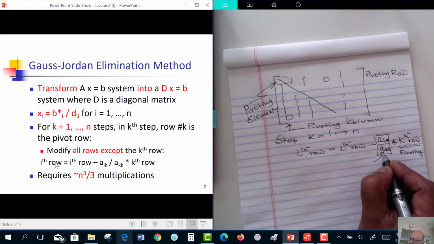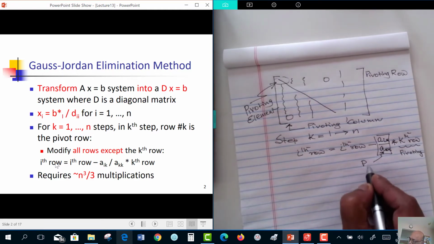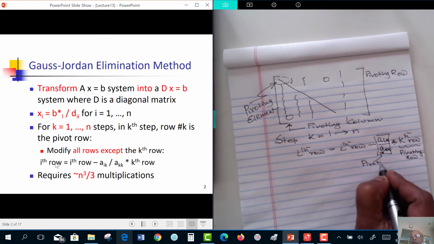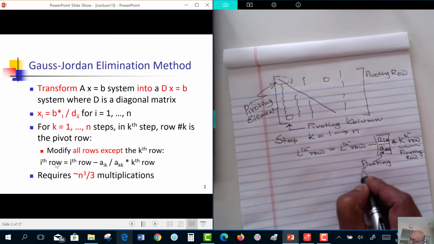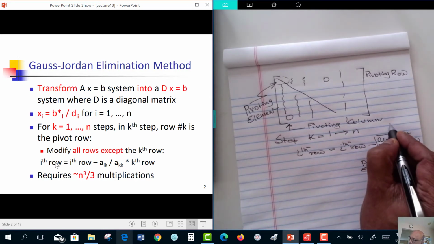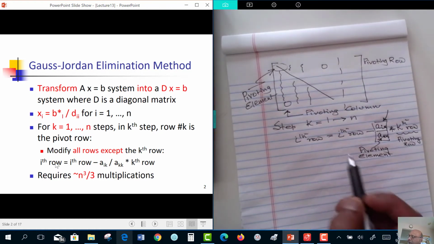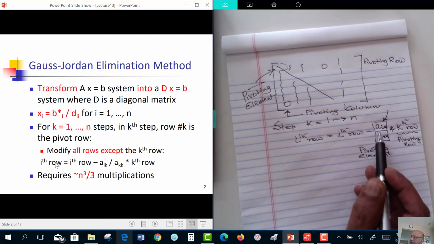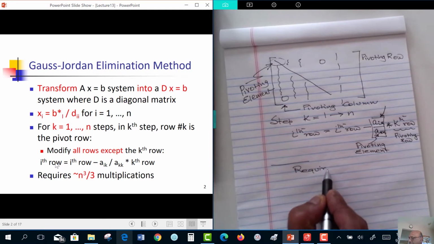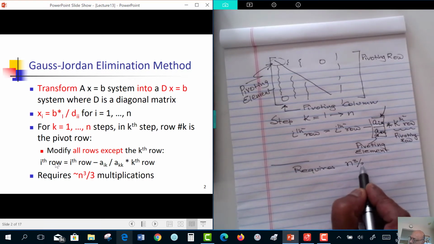This you recognize is our pivoting element, and the numerator is the element that we want to get 0 in. So you will see in the examples. But anyway, this elimination method requires n cube over 3 multiplications.